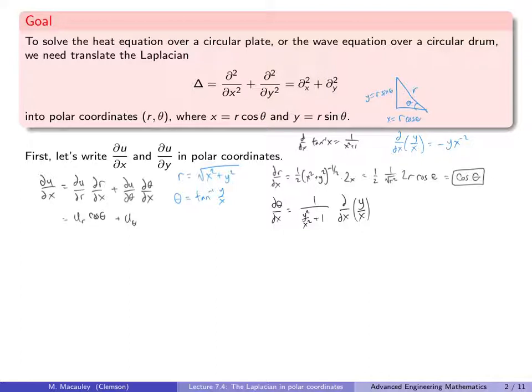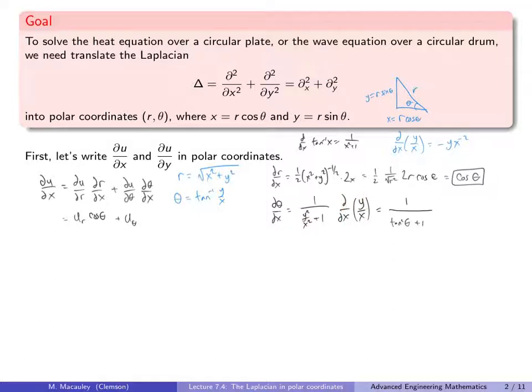So let's write this down. This is equal to 1 over, so what is y squared over x squared? That's r squared sine squared over r squared cosine squared. That's just tangent squared of theta, plus 1. Again, I'm just putting this into polar coordinates.